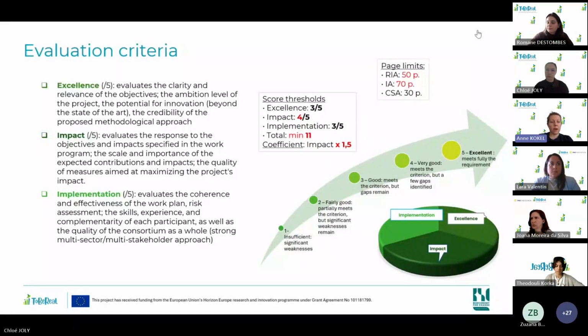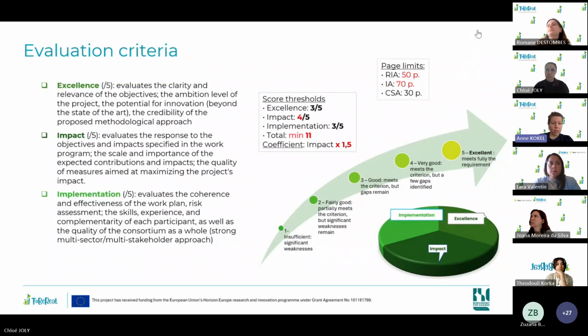So excellence corresponds to the clarity and relevance of the objectives, the ambition level of the project, so how you go beyond the state of the art, and also the credibility of your methodology. Then the impact evaluates the response to the objectives, and also the scale and importance of the expected contribution and impacts, the quality of the measures that you take that will maximize the project's impact.